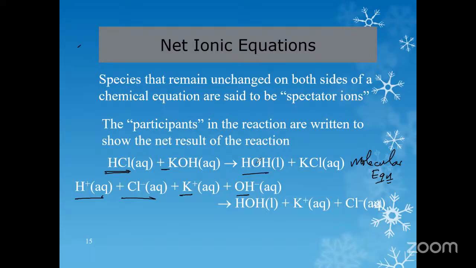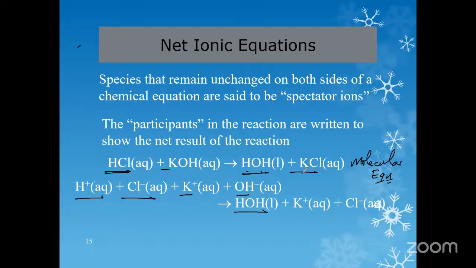What do we notice? The first thing we notice is that we have water. Water is a molecular compound, and because water is molecular, it will not undergo dissociation. So we simply rewrite it as H2O on the right side. It will not break up to form ions. Then we get to the final product, KCl.